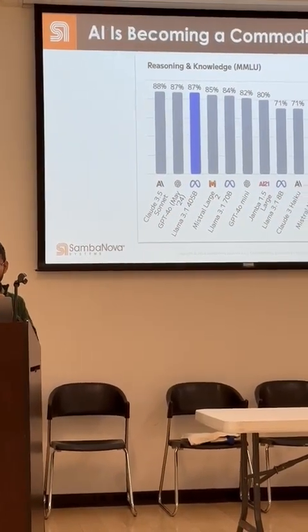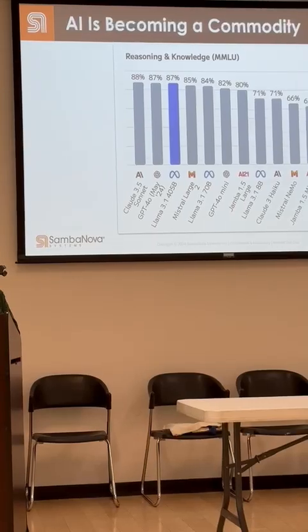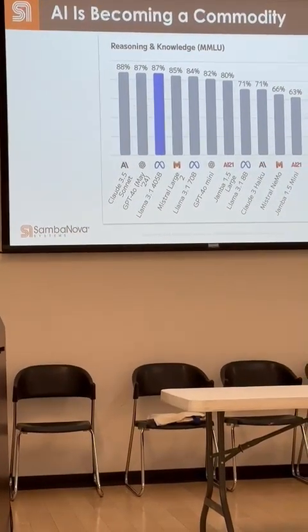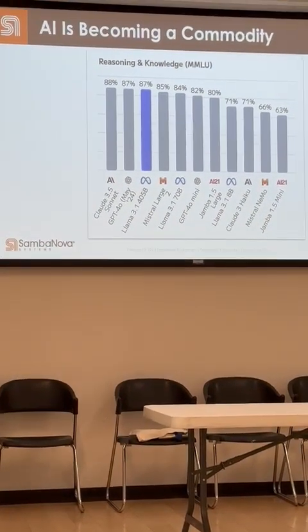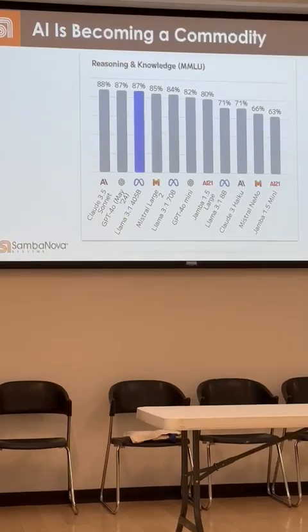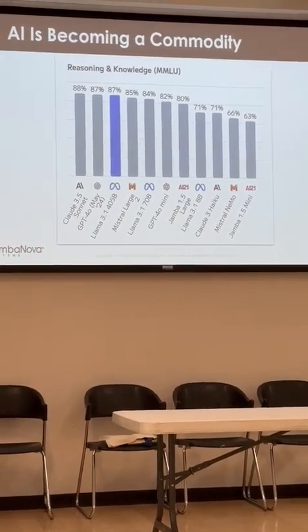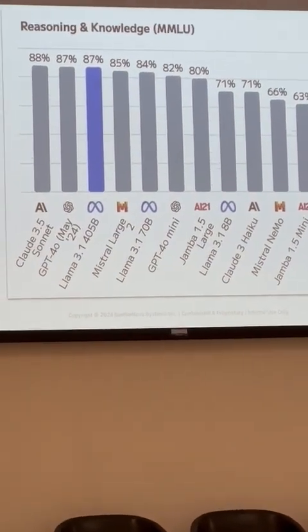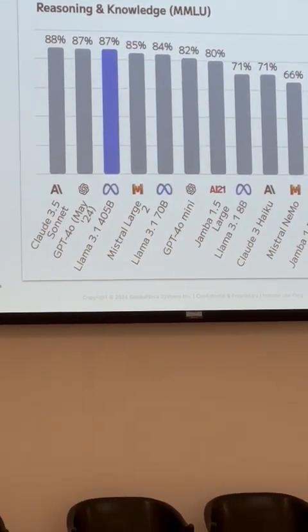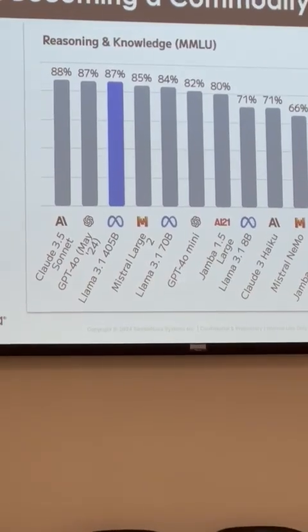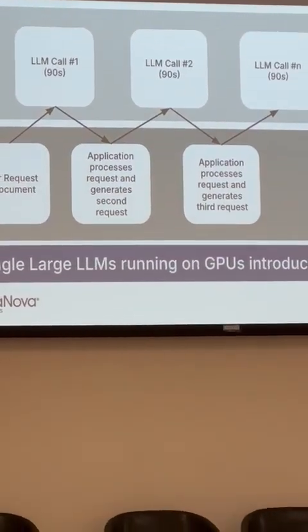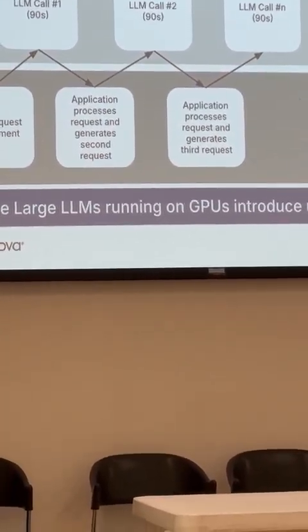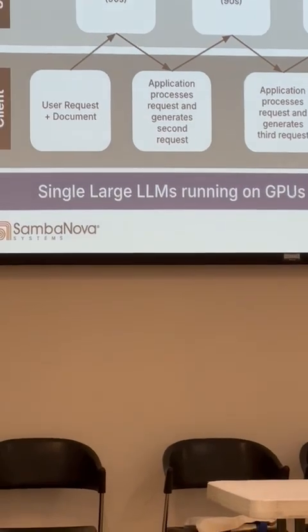Now, along with this hardware, if you see today, AI has become a commodity, meaning even the open source models are providing the same level of accuracy. So you combine that with the hardware that we have available, and it forms a great combination to bring speed and accuracy together.